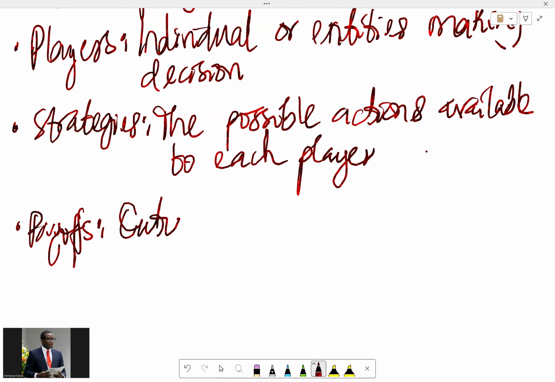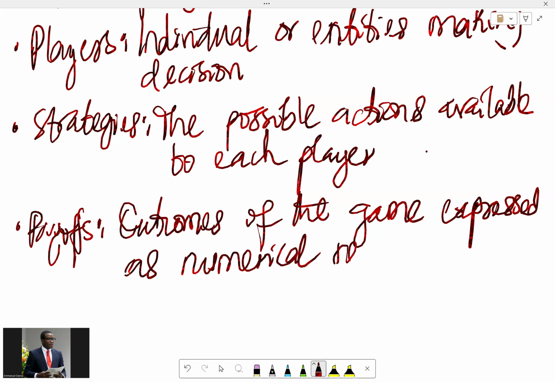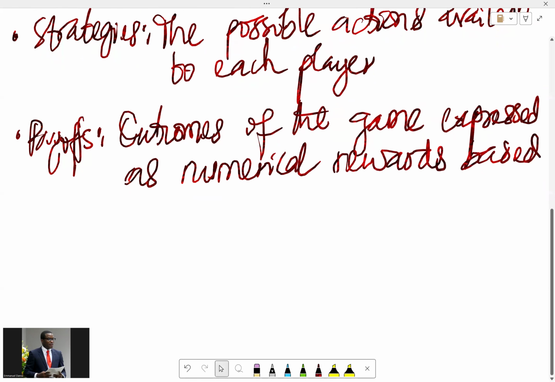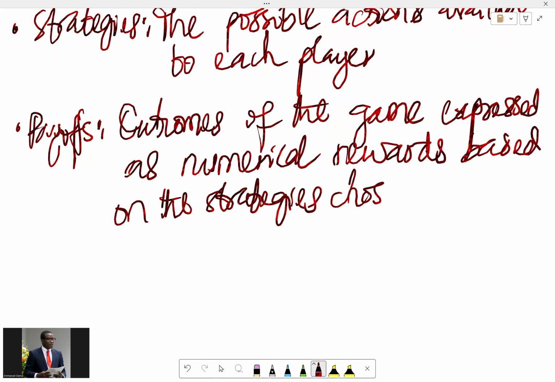Payoffs are outcomes of the game expressed as numerical rewards based on the strategies chosen by all players.